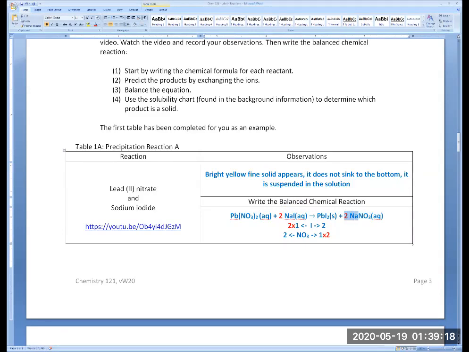So it balances the Na nicely. And then 2 iodine on the left and 2 iodine on the right. So it is balanced. So that would be the final answer for this chemical equation. So I'll leave this here.